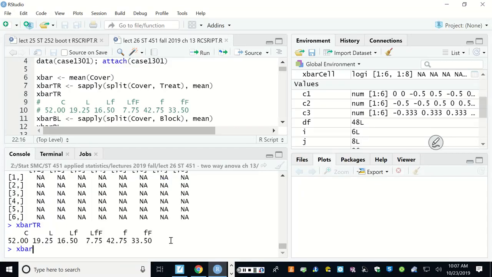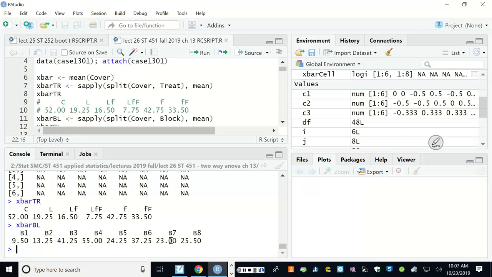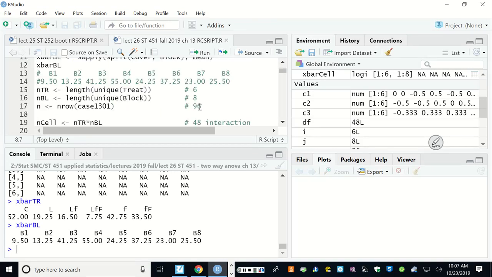X bar block is in that order. CL, L lowercase f, and so on. That's the order they come out when I do that command. So when I want to do my two-way array of averages, I want them to be in the same order. I don't want it to mess me up. So it's a kind of headache.